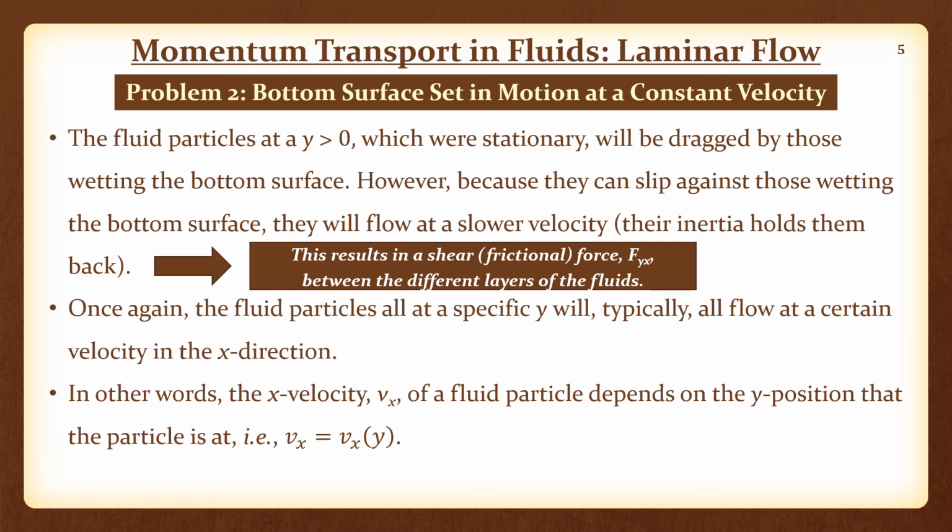One being the bottom surface, which is set in motion at a constant velocity v, and the second being the top surface, which is kept stationary. So between these two surfaces, the value of y at which this fluid particle is located will determine the x velocity of that fluid particle, and therefore we can say that Vx is a function of y.